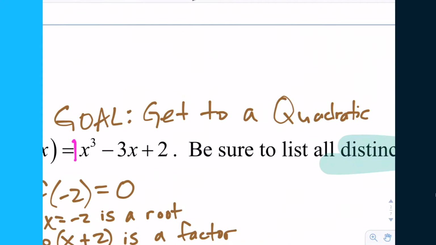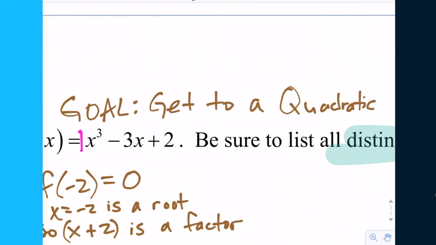Now, in order to get to a quadratic in this case, because I start with a cubic, I just need to find one factor. And I already did, right? Then I can factor it out, and what's left should be a quadratic. So let's say I have the number 350. Is 7 a factor of 350? It is, right?